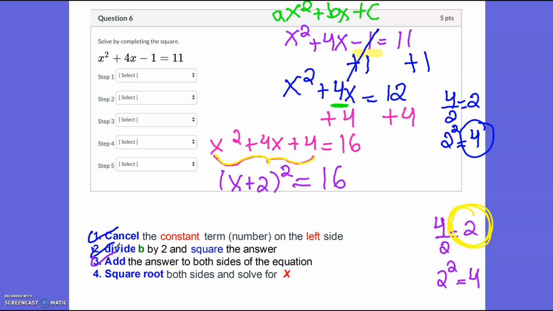So we did this step. Now it's telling us to square root both sides. I'm going to square root both sides. This will cancel. And now I have x plus 2 equals, the square root of 16 is plus or minus 4.